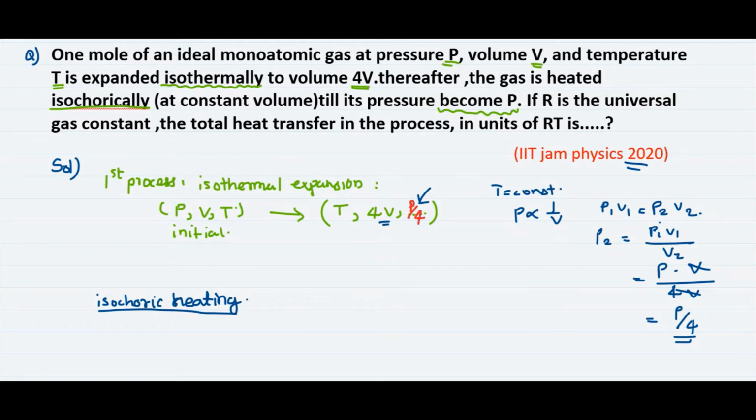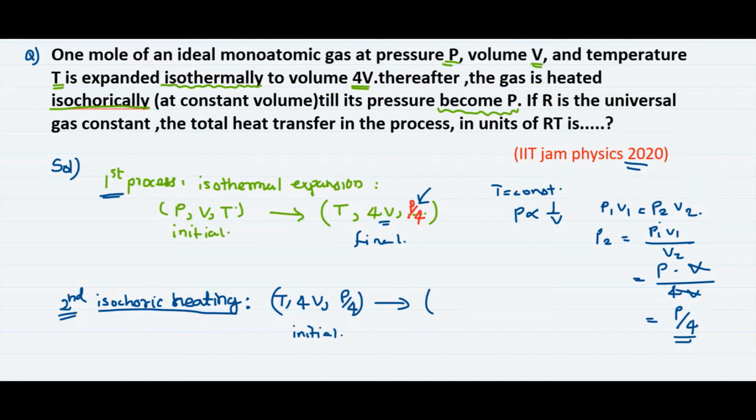So now we are ready to talk about the second process. This is the first process, and this is the second process, isochoric heating. So here the initial conditions are temperature T, volume 4V and pressure P by 4. Then this is final here, this is initial in the second process.